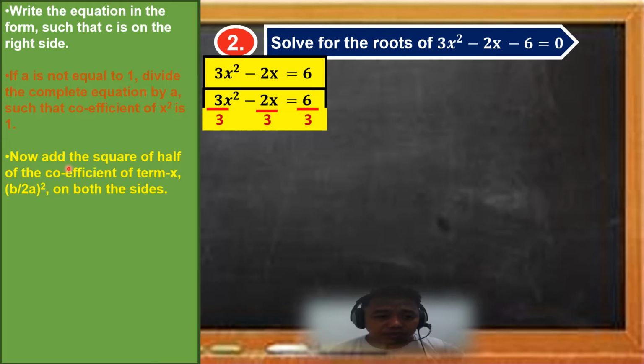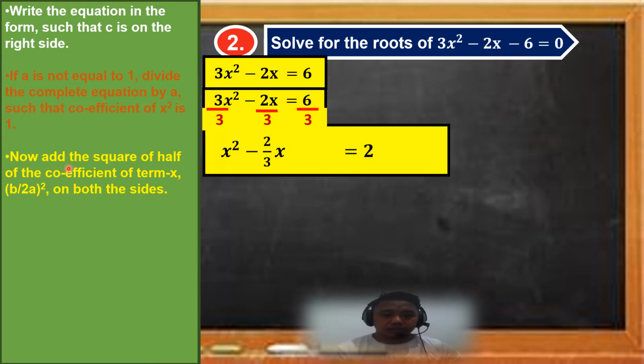So, ngayon, anong mangyayari dyan? So, cancel na itong 3, no? 3 over 3, x squared na lang, minus 2 over 3, and 6 divided by 3, that is equal to 2. Negative 2x over 3 is negative 2/3 x. Cancel na tong 3, kaya x squared na lang.